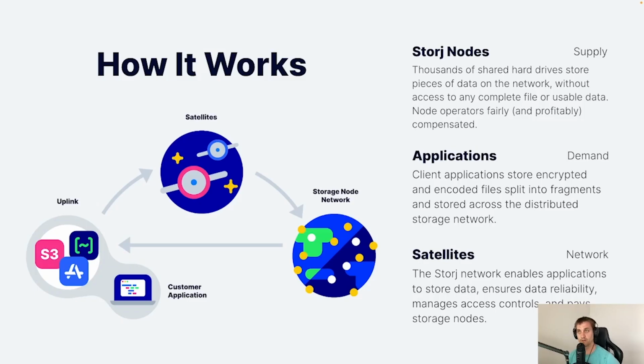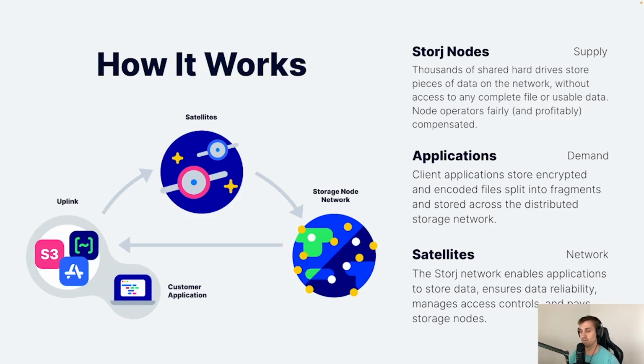So how does Storj work? Storj allows anyone with unutilized hardware to join our network, called storage node operators. When they store our customers' files, they're compensated fairly for doing that. So we generate demand by creating applications such as our S3 API compatibility layer.